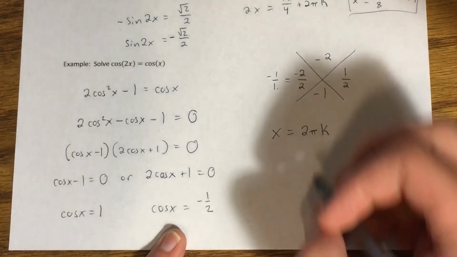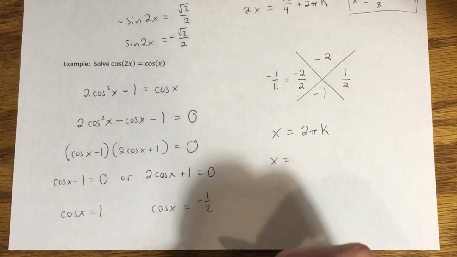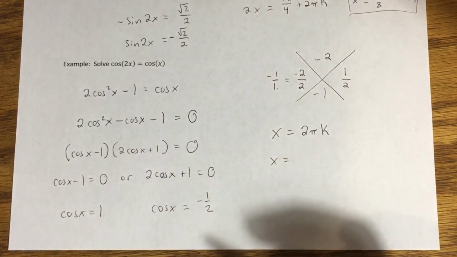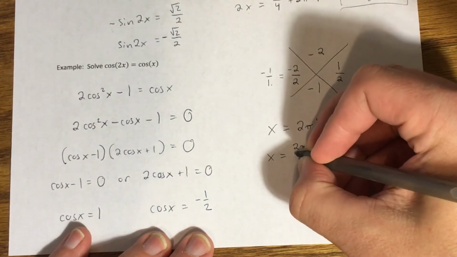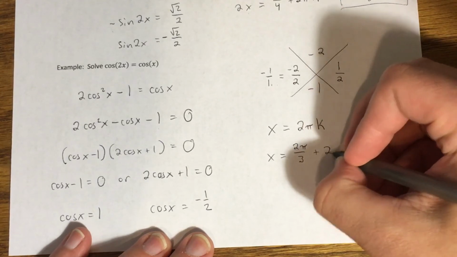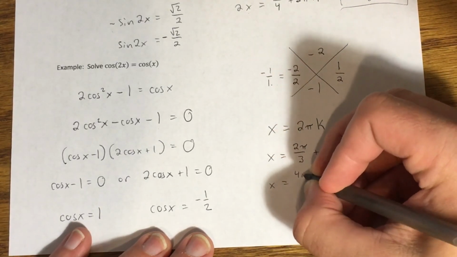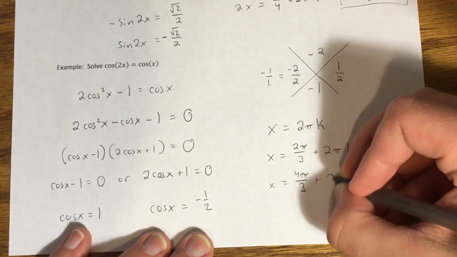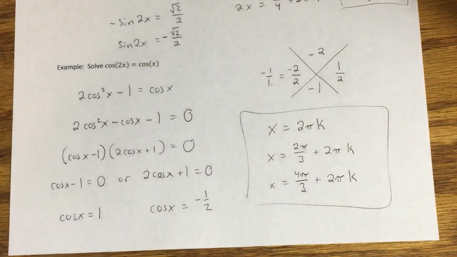Here, when is cosine of x equal to negative 1/2? That would be in the second and third quadrants, specifically at 2 pi over 3 plus 2 pi k, general solution, and 4 pi over 3 plus 2 pi k. That would be my solution set.